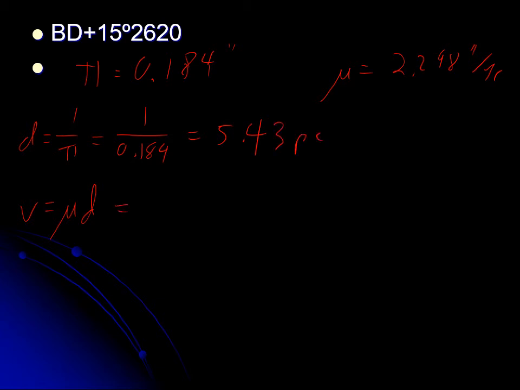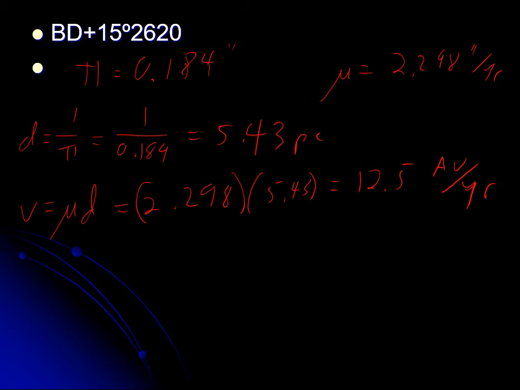So the actual speed through space is 2.298 times 5.43. And that comes out to be about 12.5 AU per year.